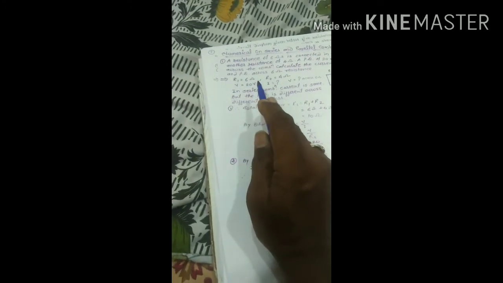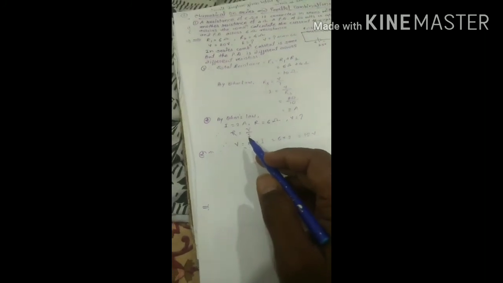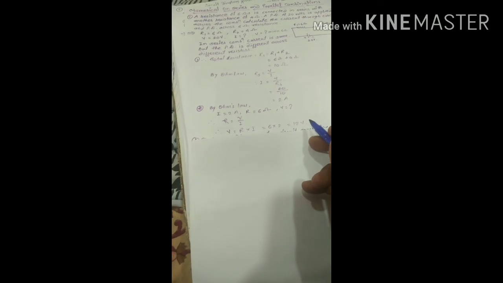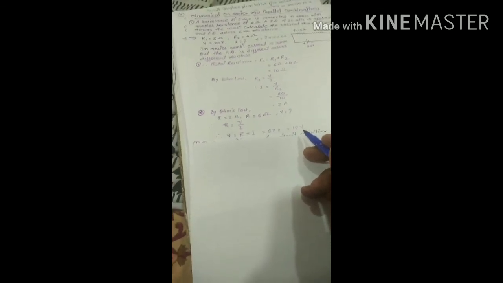We have to find the potential difference across that specific resistance. So R equals V by I, so V equals R into I. R is 6 and I is 2. So what do we get? 12 volt. So the potential difference across the 6 ohm resistance is 12 volt.